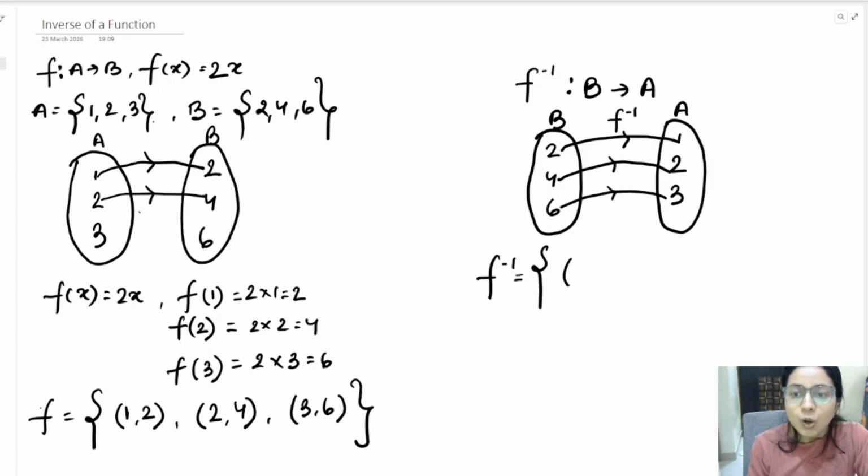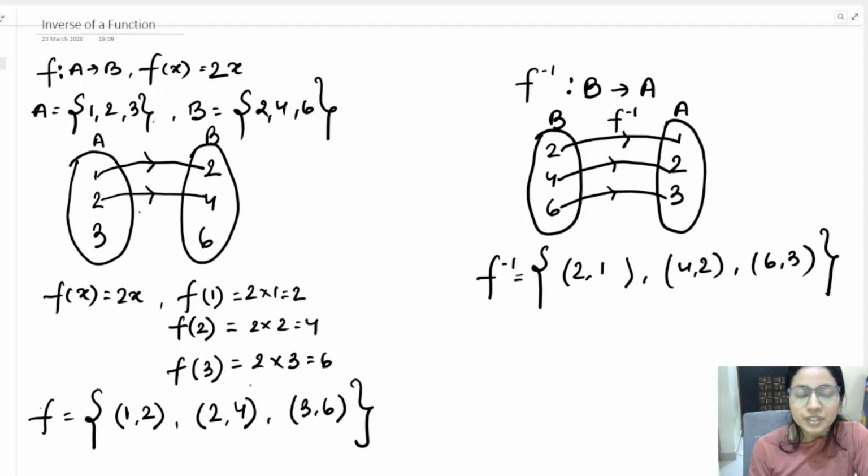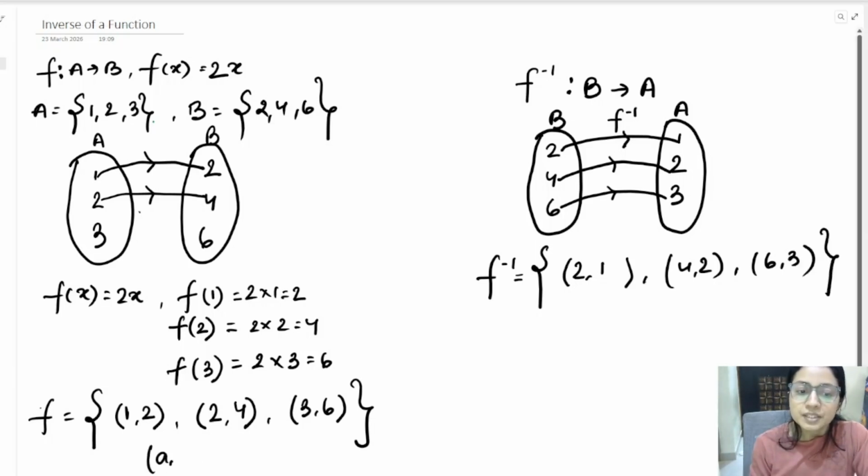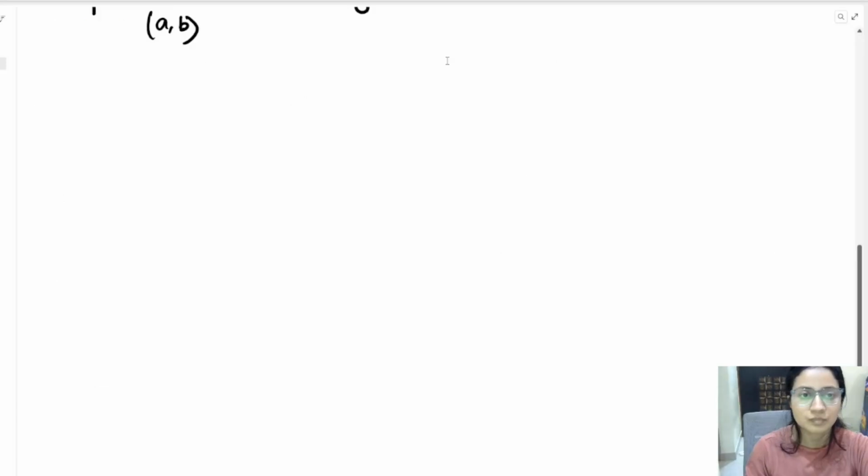It will contain all ordered pairs, just the reverse of f. That means 2, 1 will be present, 4, 2 will be present, and 6, 3 will be present. So if ordered pair (a, b) is present in f, then ordered pair (b, a) will be present in f inverse.